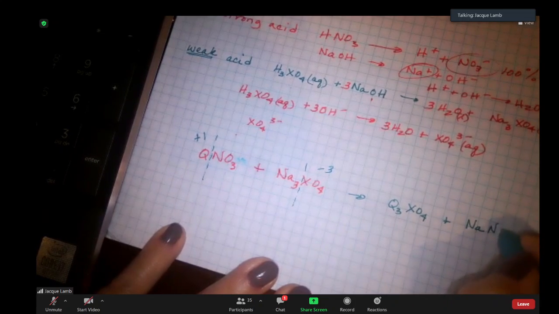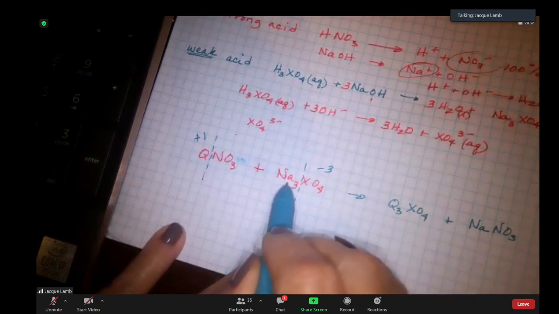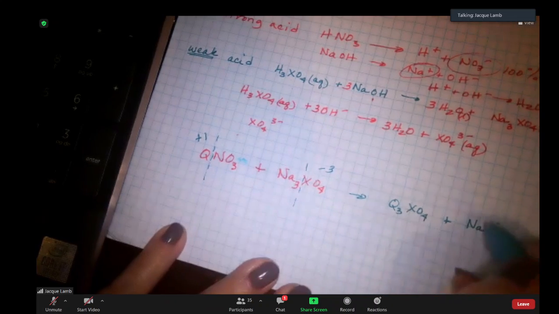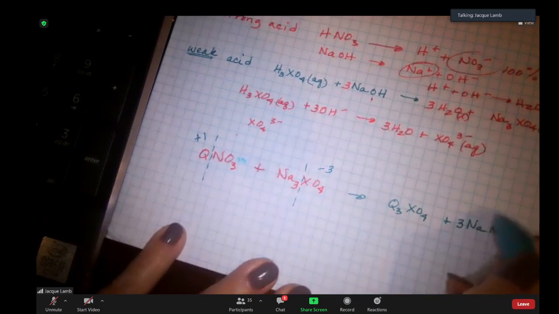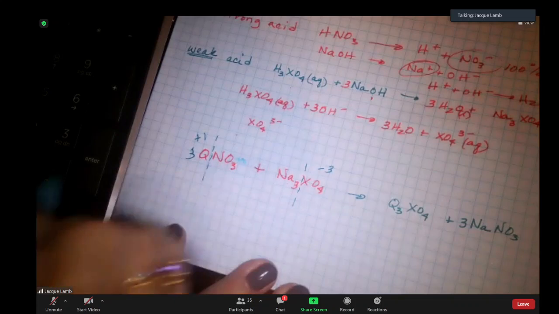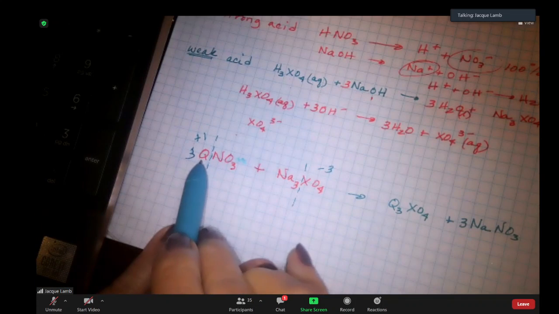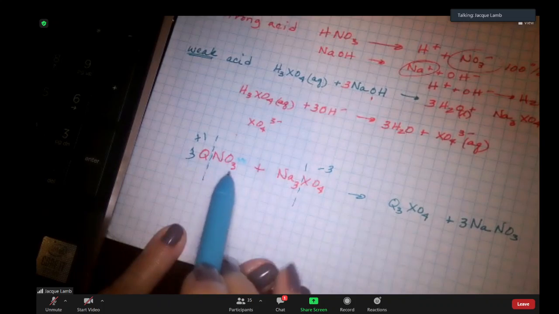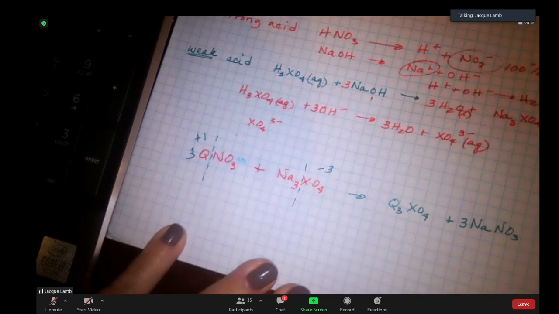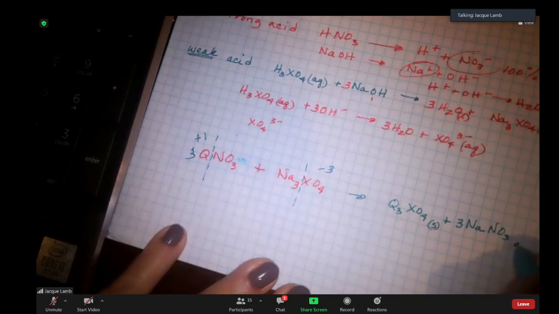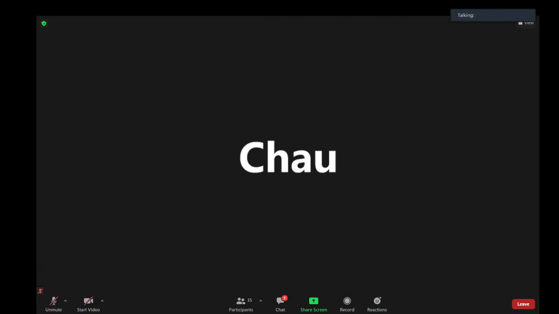It's NaNO3 because this has a charge of +1, this has a charge of -1. But to balance it, we need to have a 3 in the front of each of those. That gives us our 3 Qs, and it gives us our 3 nitrates to form the product. So this was a solid, and this was aqueous.